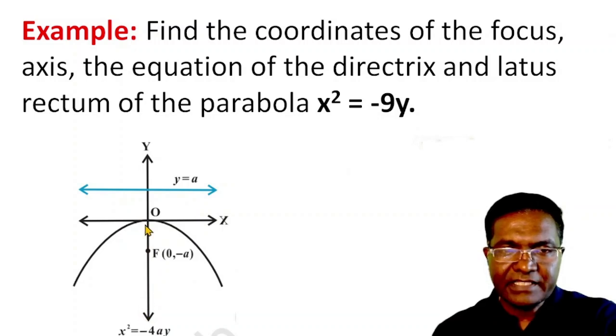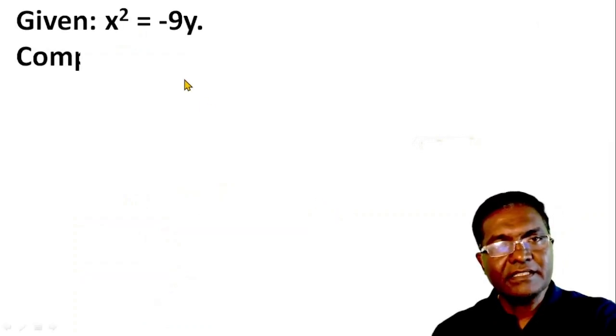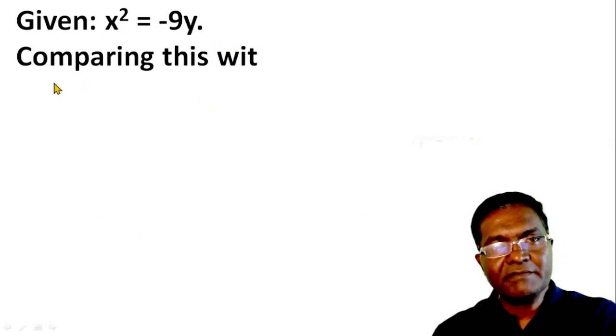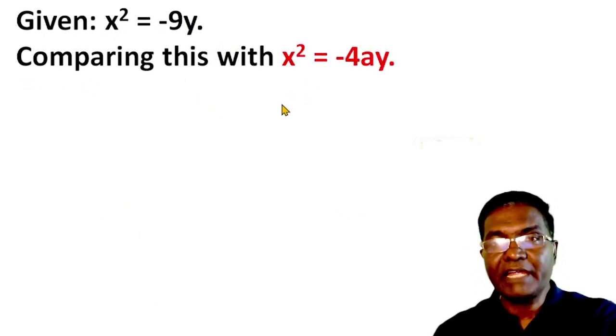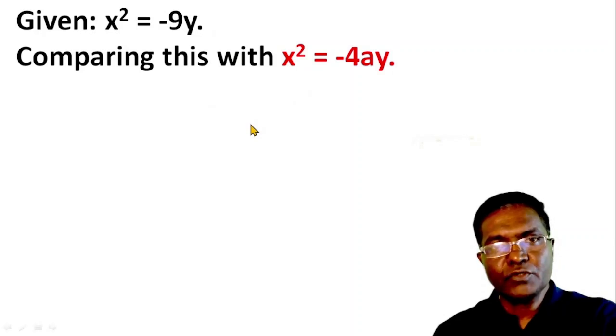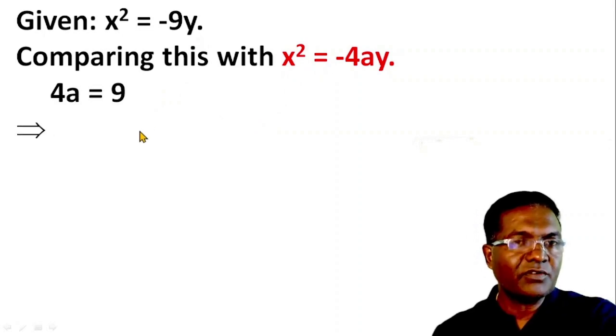Its axis is negative y-axis, focus is on negative y-axis, directrix is y equal to a. Given x square equal to minus 9y, compare this with x square equal to minus 4ay. 4a is equal to 9. So, a is 9 by 4.